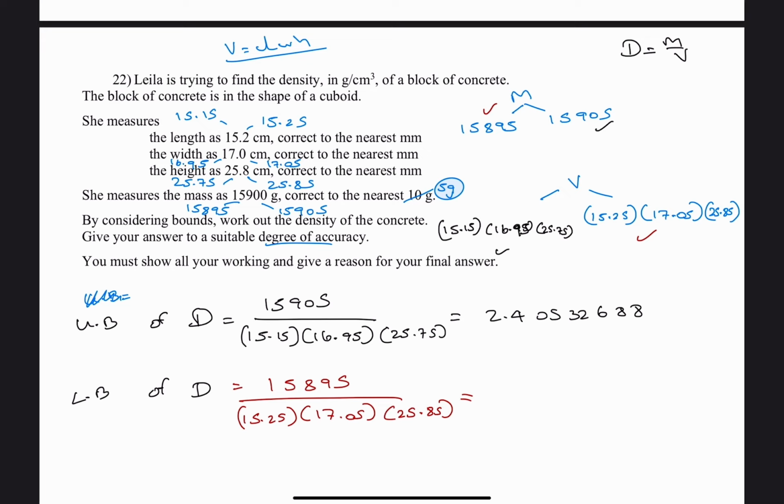Just scroll back to the calculator and change the couple of numbers that we put. So 15.25, 15895. If I do that, what does it give you? 2.364861755.